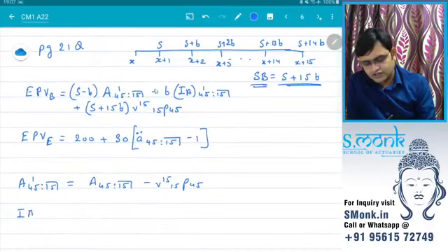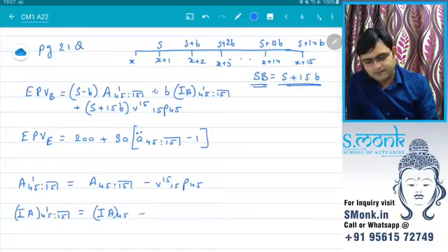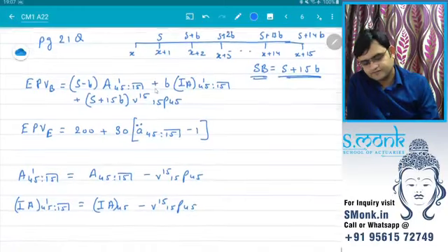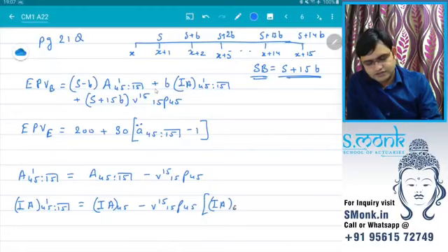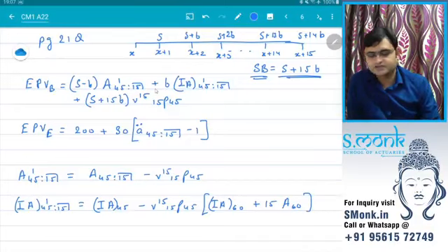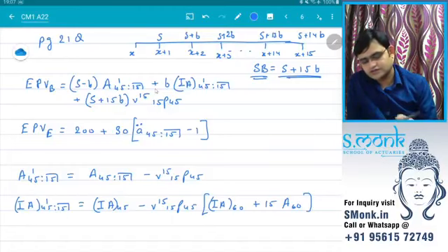So increasing IA 45 dash 15 will be IA 45 minus V raised to 15, 15P 45 times IA 60 plus 15 times A 60. I think this is exactly what I asked you to calculate at the beginning, right? This is what we calculated.